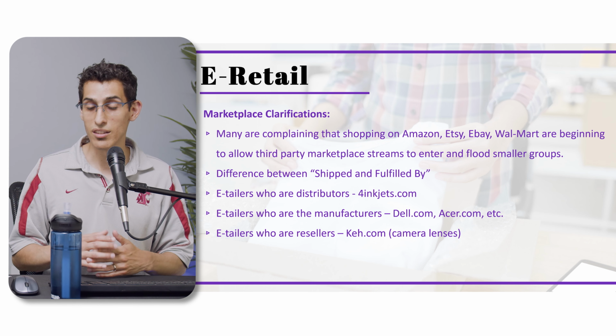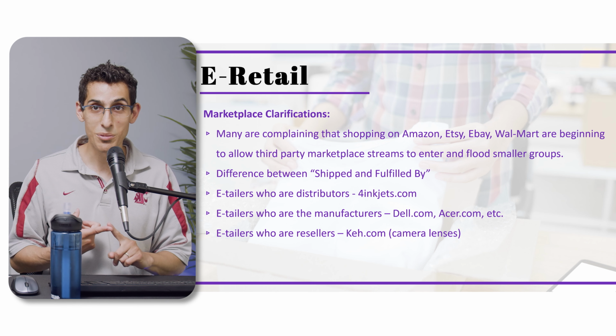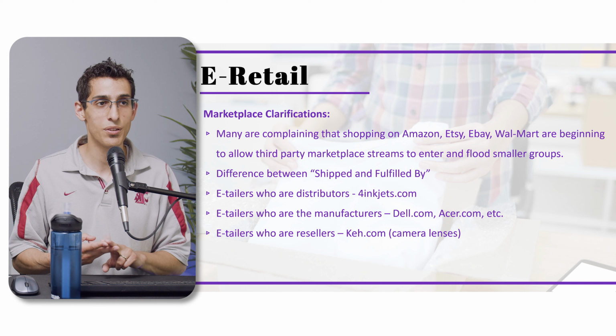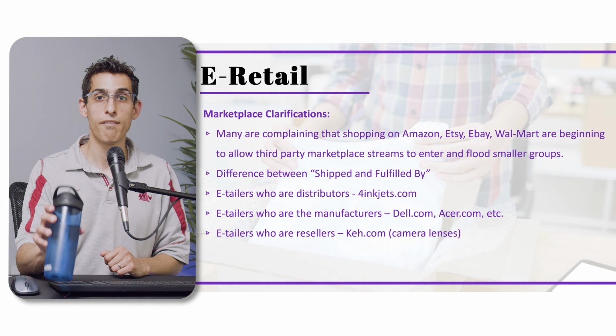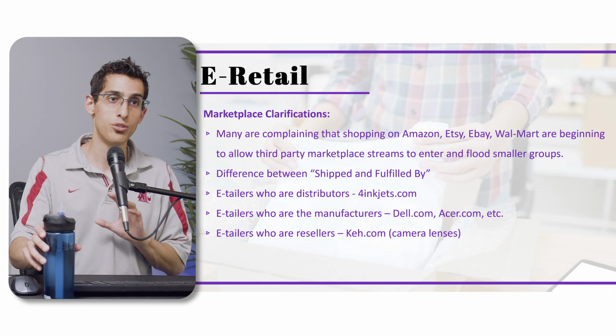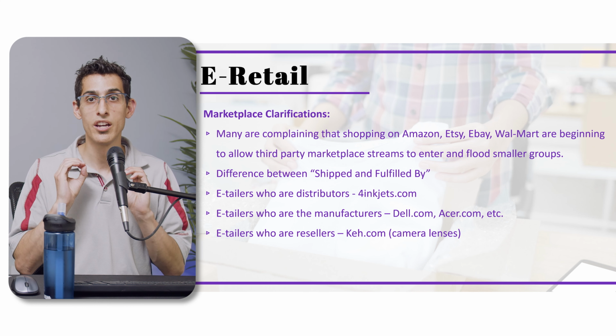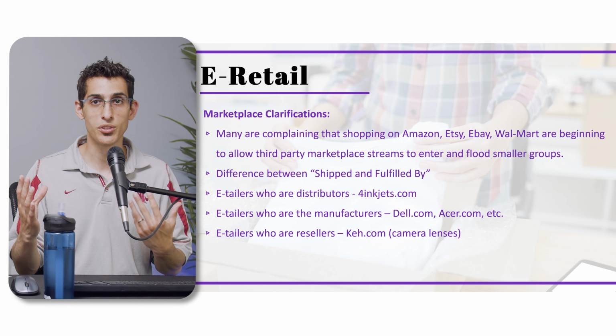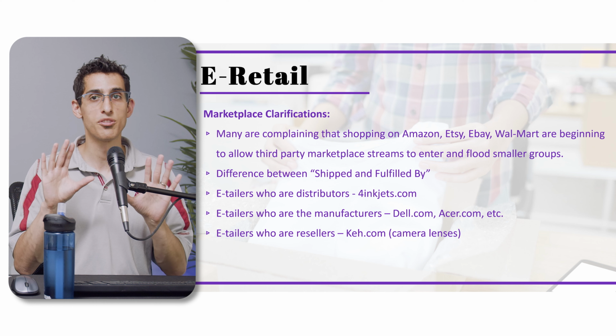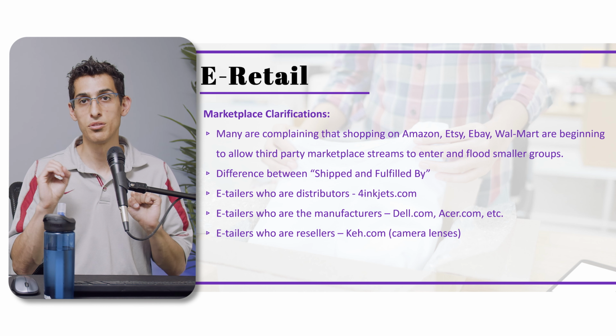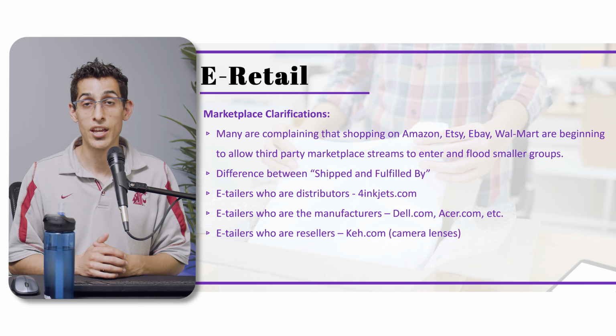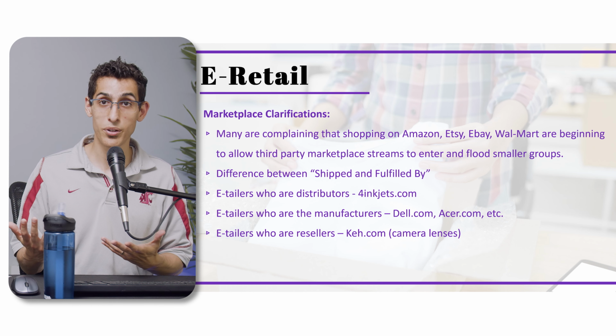Or you can say, hey, I don't really want to deal with shipping. I don't want to package everything individually. I'm going to send 500 water bottles to Amazon and they can fulfill, ship, manage and process returns, do all of that business management for me. I just have to get them the water bottles. And that's a model that works pretty well.